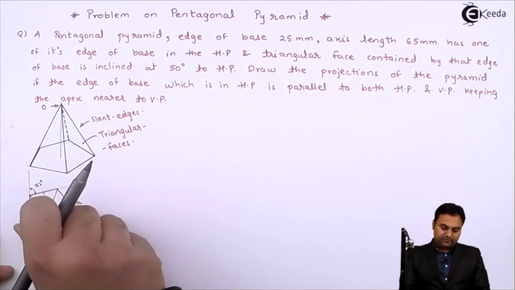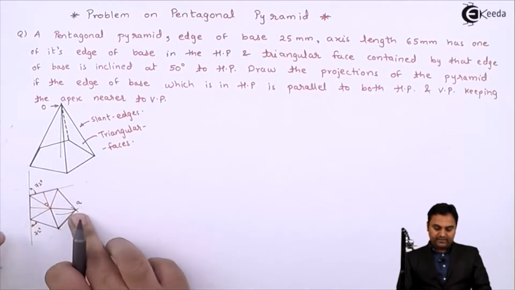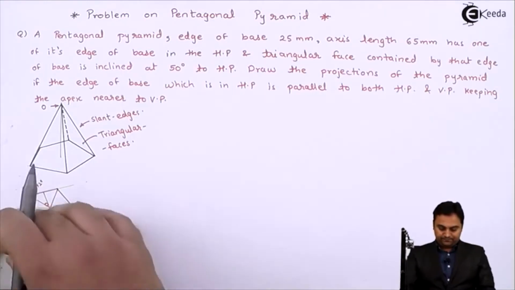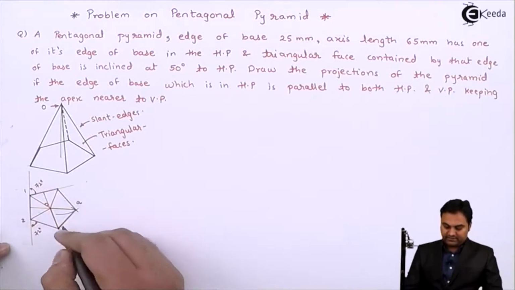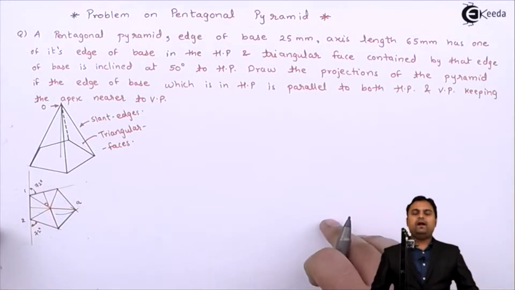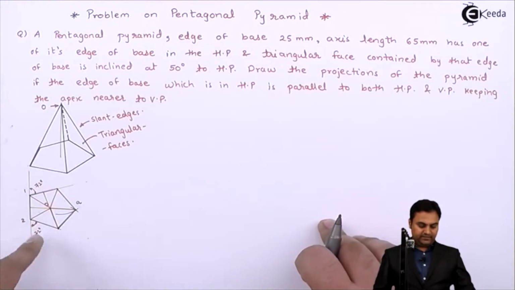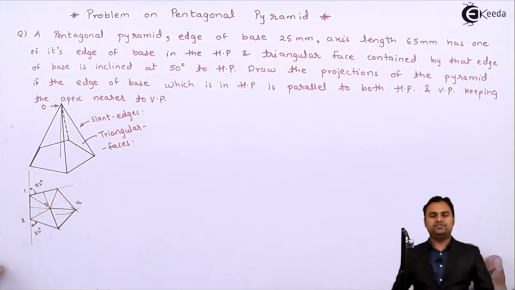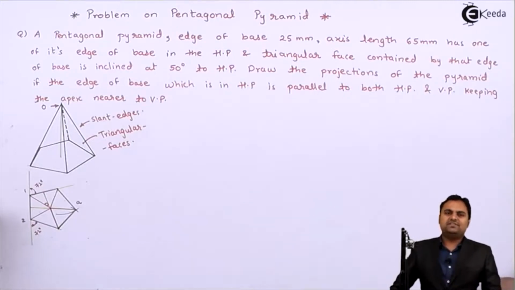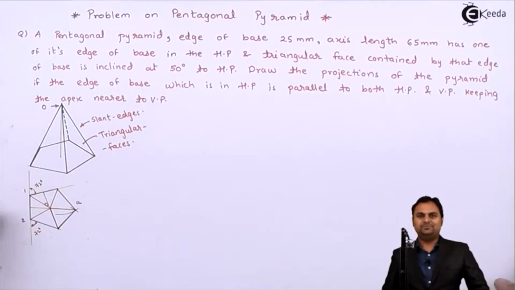It means this pyramid would be reversed. Point A will come on the left hand side, and this edge, I'll call it as 1 2, will be on the right hand side. So initially I'll draw the pyramid, that is the pentagon, by keeping the edge onto the right hand side. That will be the initial condition. So with this, let us get started with the solution to this problem.